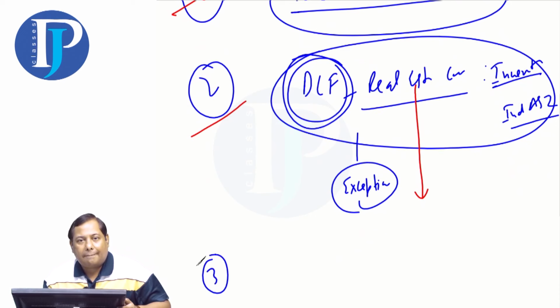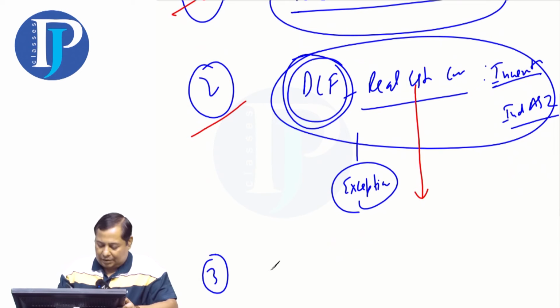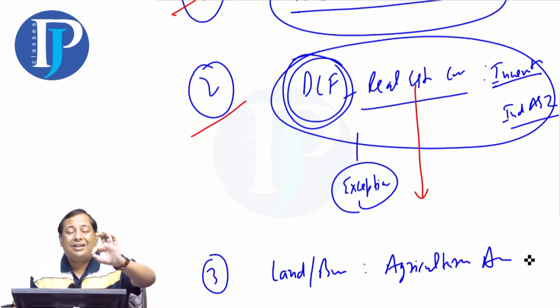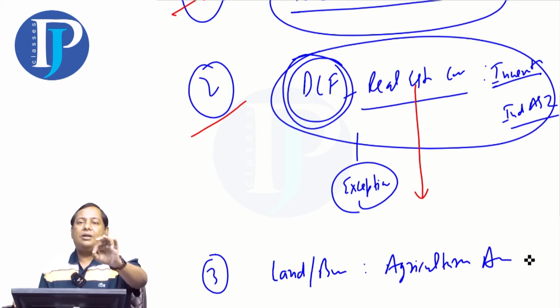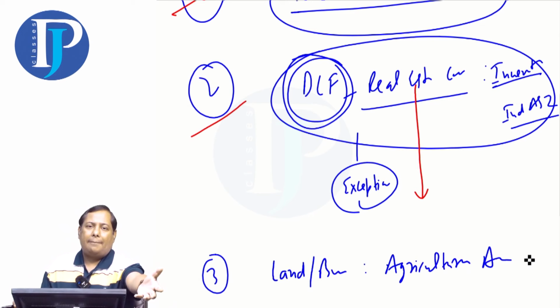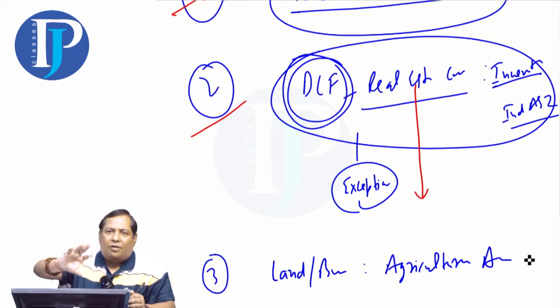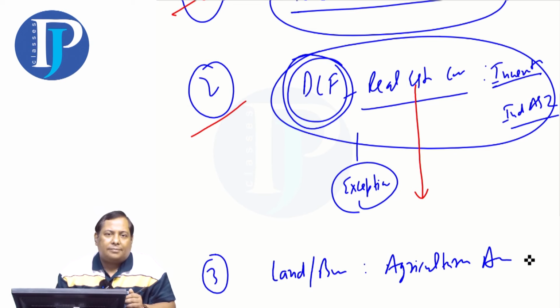Third example. Please pay attention. If any land or building is being used for agricultural activities, if you are involved in any agricultural activities or you have any agricultural land, and a small building is involved in agricultural activities on this land, like a farmhouse, have you ever seen a land of maybe 25 or 50 acres with a small building in between?